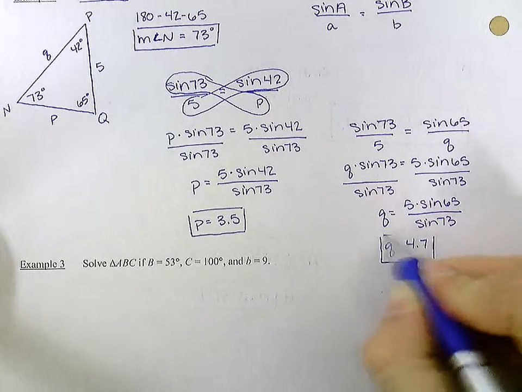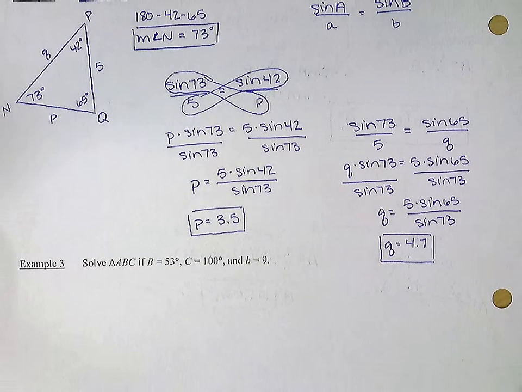You should get 4.7, dividing by sine of 73, not sine of 65. You should be dividing by sine of 73. Okay, questions on example 2?